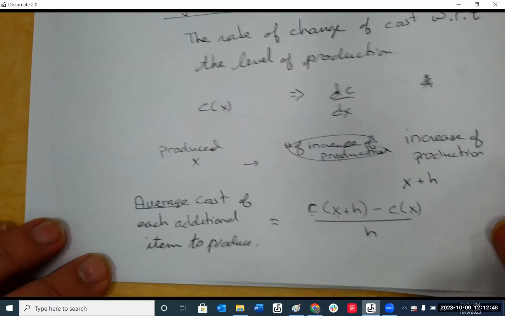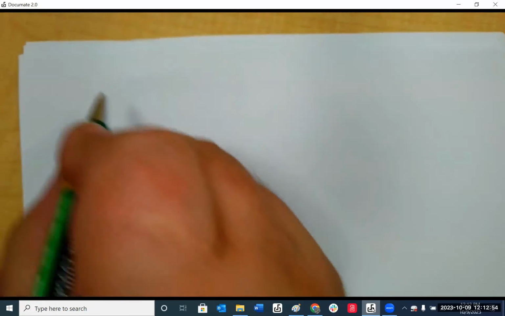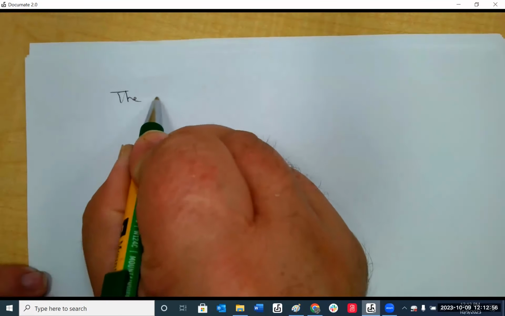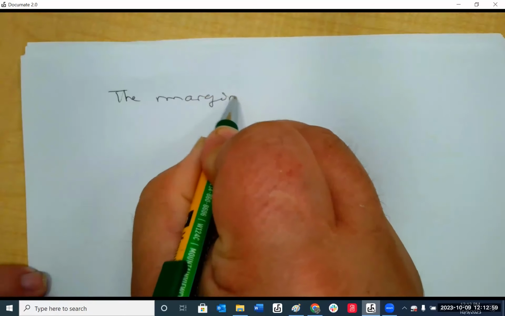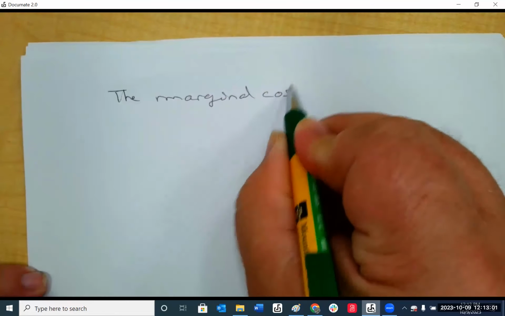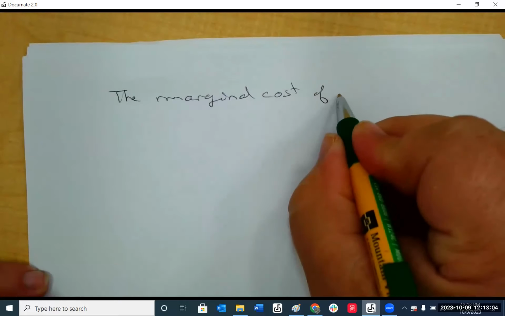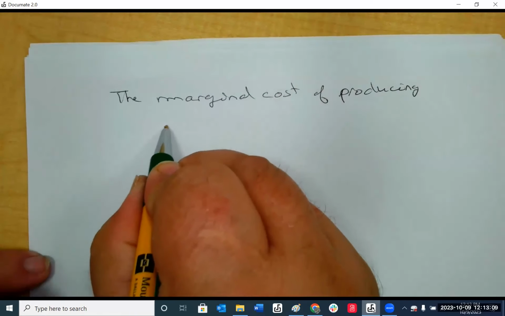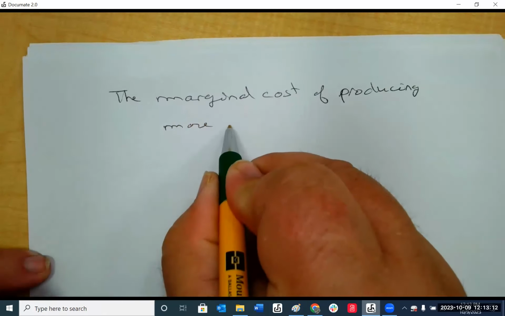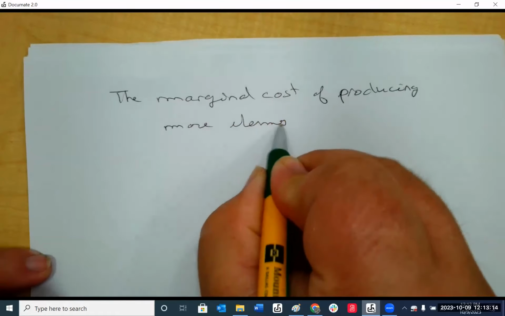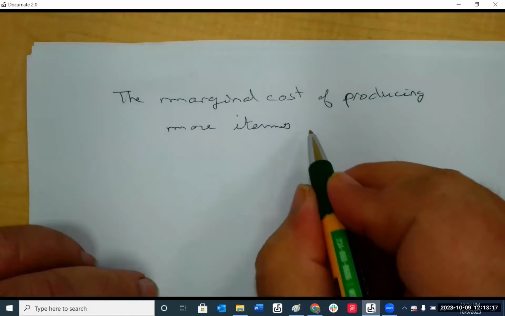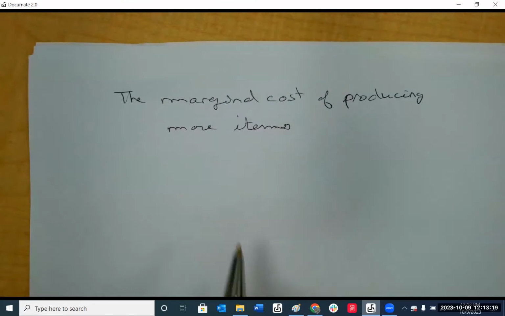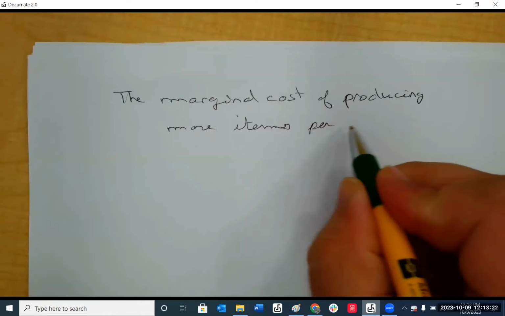So what's the marginal cost? The marginal cost of producing more items per time period.